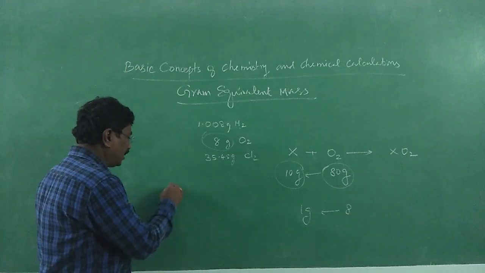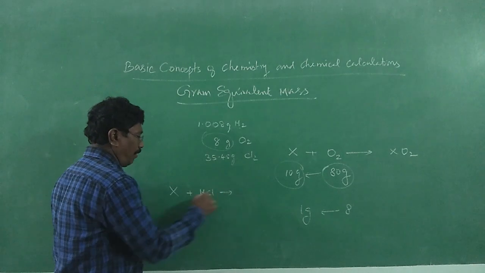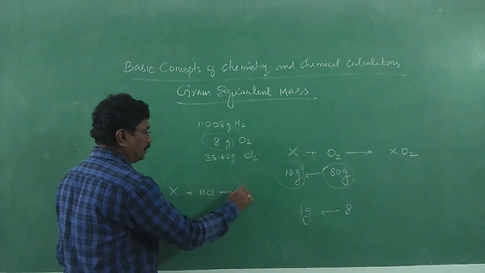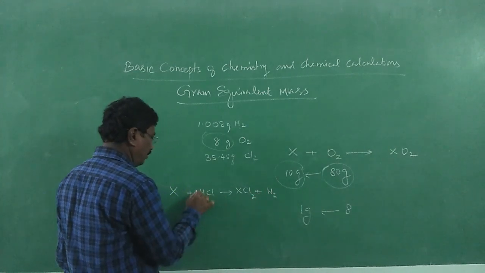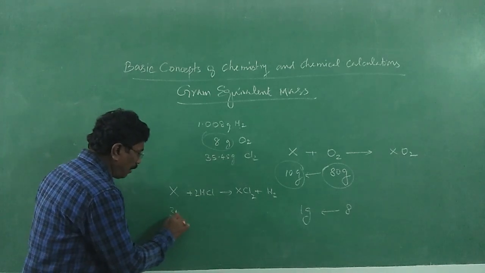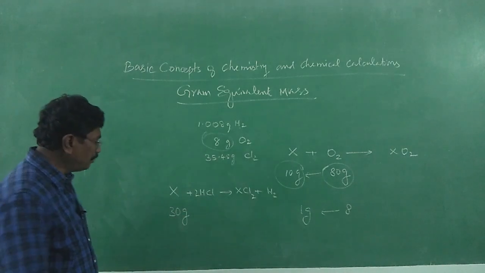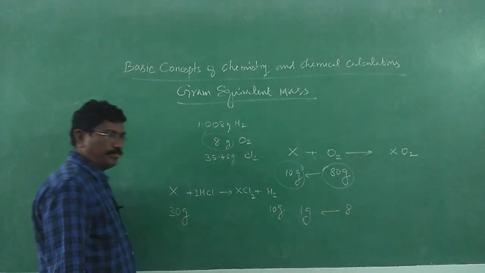Sometimes X may liberate hydrogen from some acid, say hydrochloric acid, to give a chloride and hydrogen. Let me say like this. Here 30 grams of X displaces, say, 10 grams of hydrogen.